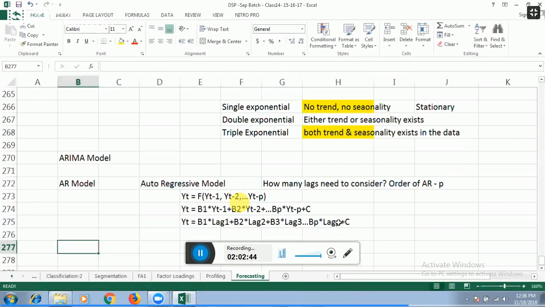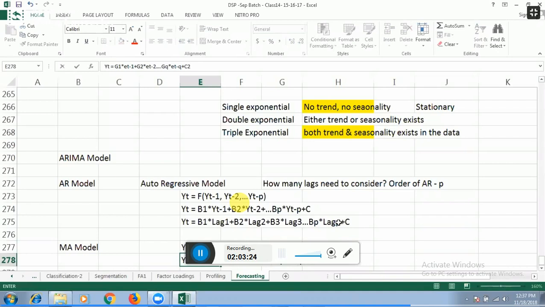And there is another, the moving average model, not the moving average that we discussed in the past. In this case, my current value is a function of previous errors, et minus 1, et minus 2, et minus 3, and so on, et minus q. So yt is gamma 1 times et minus 1 plus gamma 2 times et minus 2, and so on, gamma q times et minus q plus some constant.